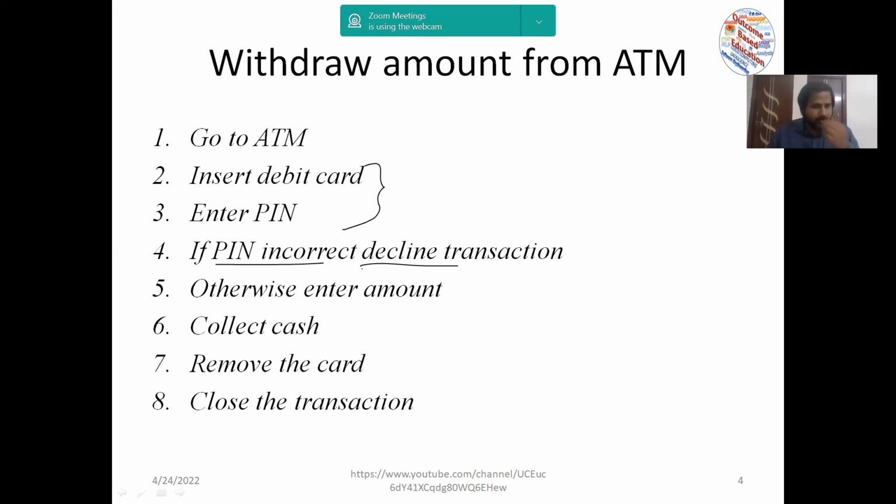If the pin is incorrect, then the transaction should be declined. Otherwise, if the pin is correct, then what to do? We have to tell everything to the system. How to check whether the pin is correct or not? If the correct pin is entered, then what to do? If an incorrect pin is entered, what to do?